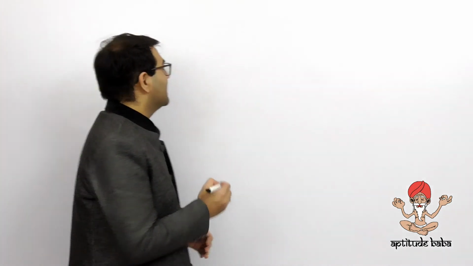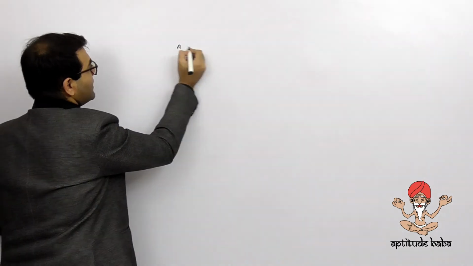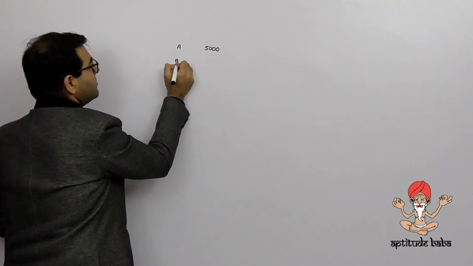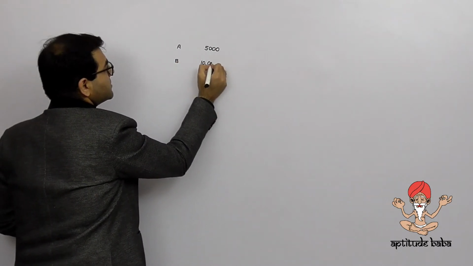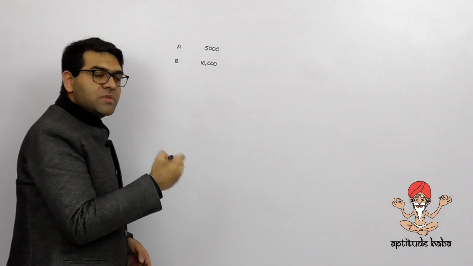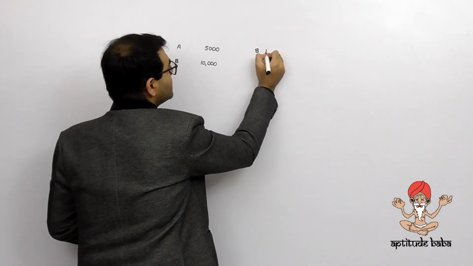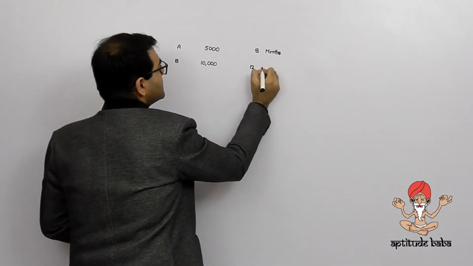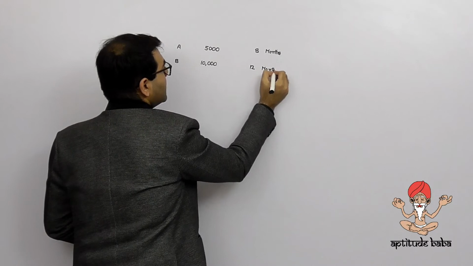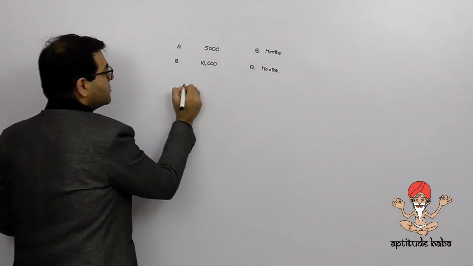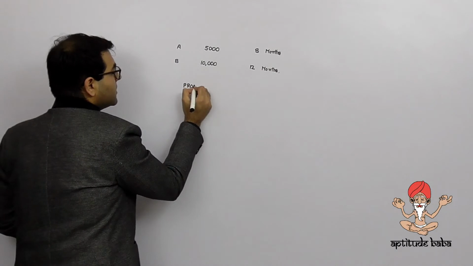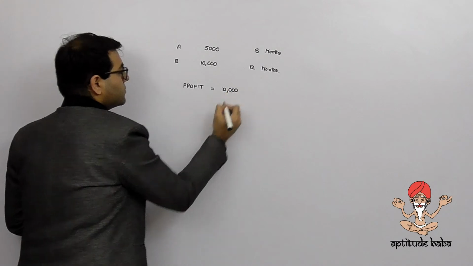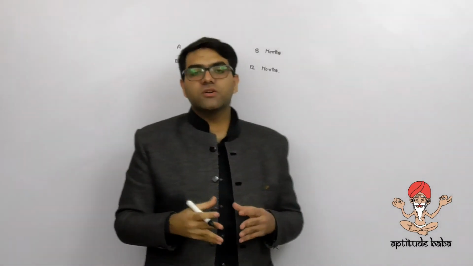For example, let us say partner A invested rupees 5,000 to start a business while partner B invested 10,000 rupees to start a business. पार्टनर ए ने अपने पैसे को 8 मंथ्स के लिए इन्वेस्टेड रखा और पार्टनर बी ने अपने पैसे को 12 मंथ्स के लिए इन्वेस्टेड रखा. लेट अस सेय एट द एंड ऑफ द ईयर उनको जो प्रॉफिट हुआ दैट वाज 10,000 रुपीज.